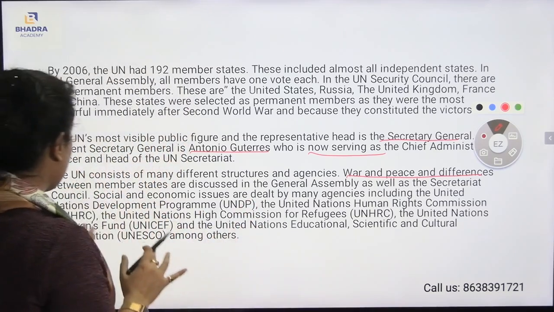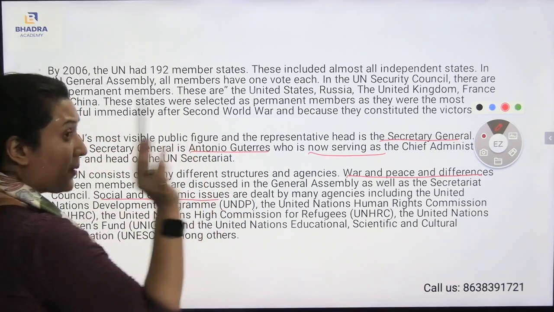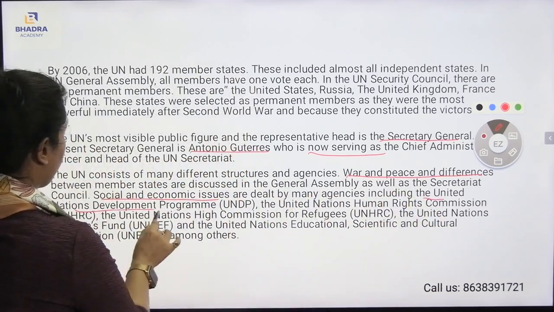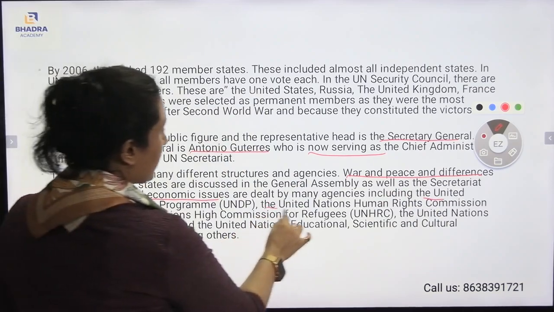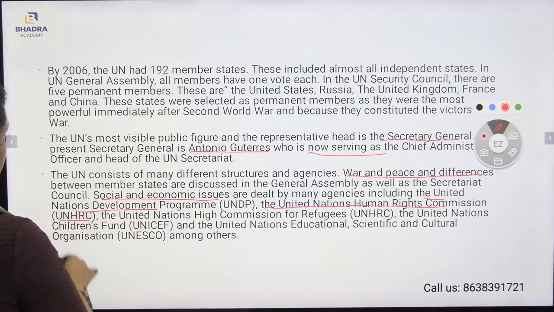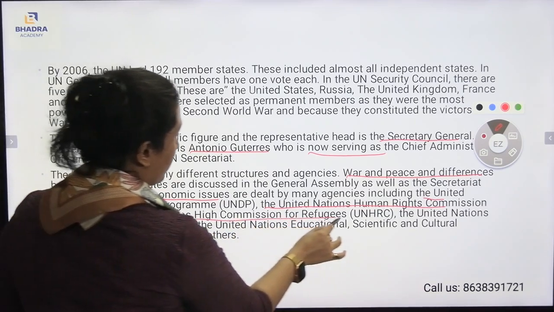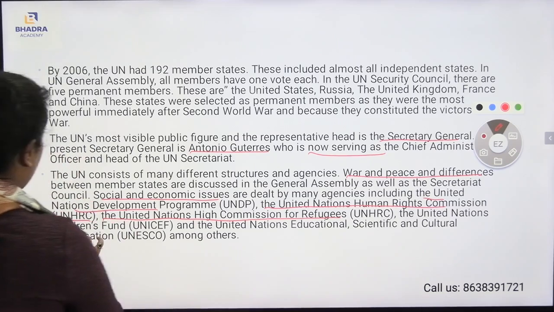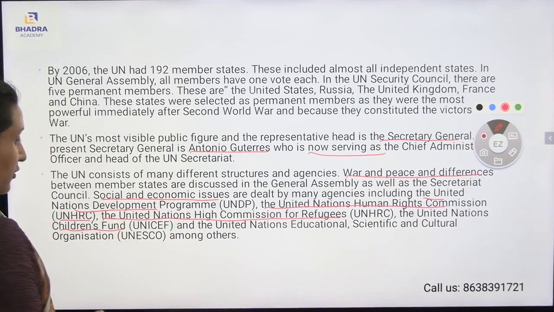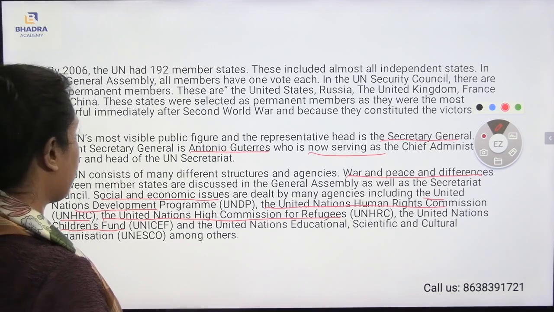What are these organizations? Most of the social and economic issues are resolved by these agencies: the United Nations Development Programme, UNDP; the United Nations Human Rights Commission, UNHRC; the United Nations High Commission for Refugees; the United Nations Children's Fund, also known as UNICEF; and the United Nations Educational, Scientific and Cultural Organization, UNESCO.